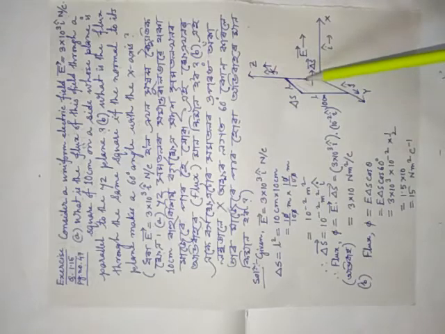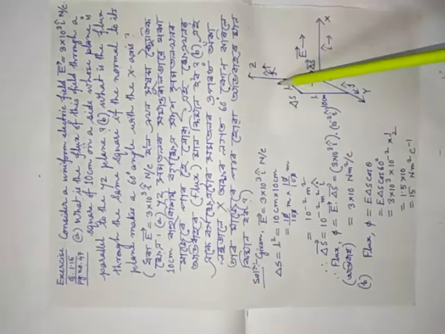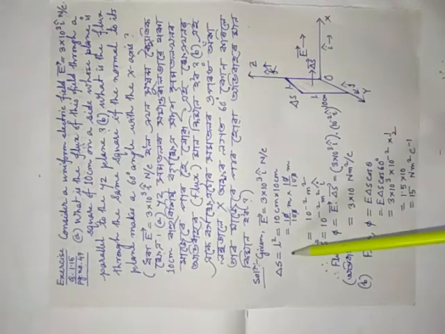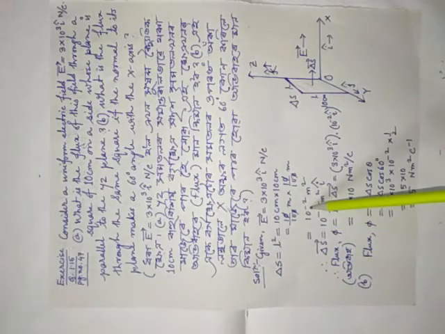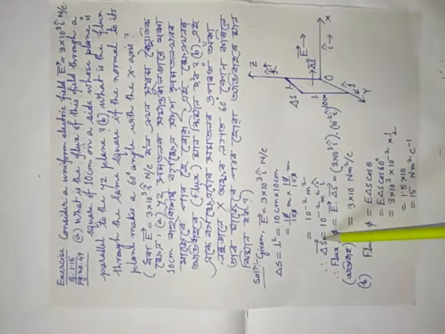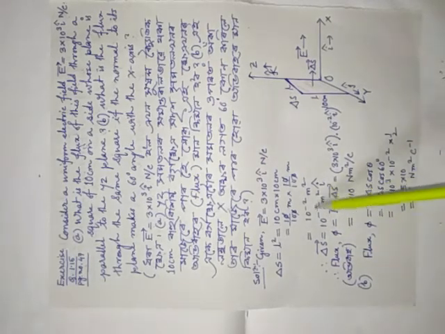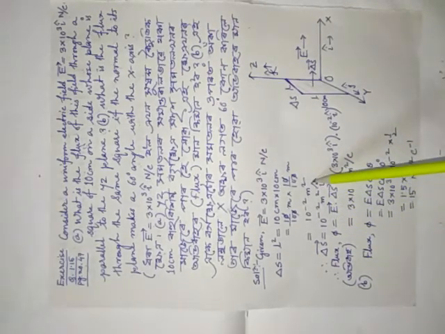Since the plane is lying in YZ plane, the area vector will be along X direction, that means I cap. Delta S is the magnitude, and delta S vector has magnitude 10 to the power minus 2, and it has direction unit vector.